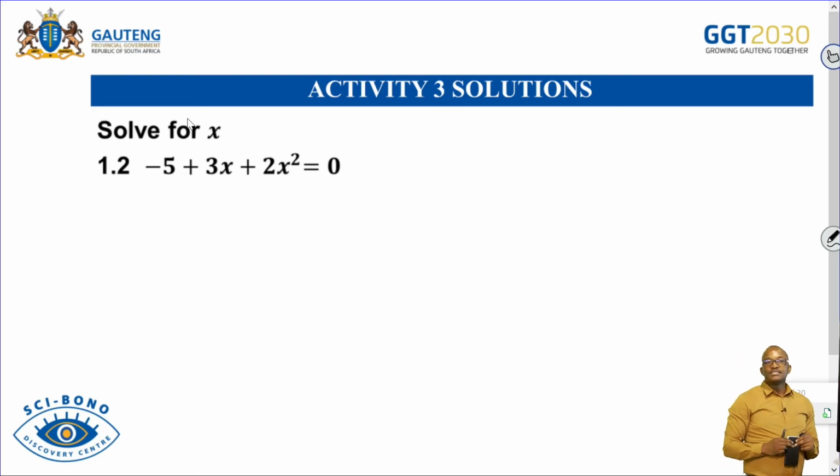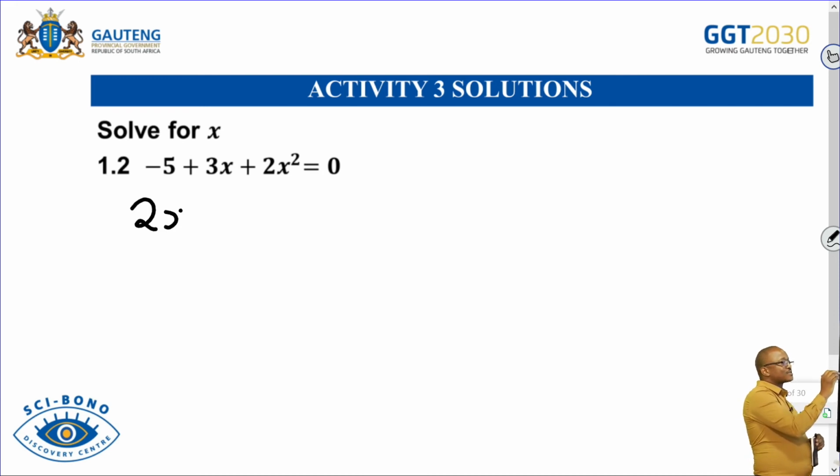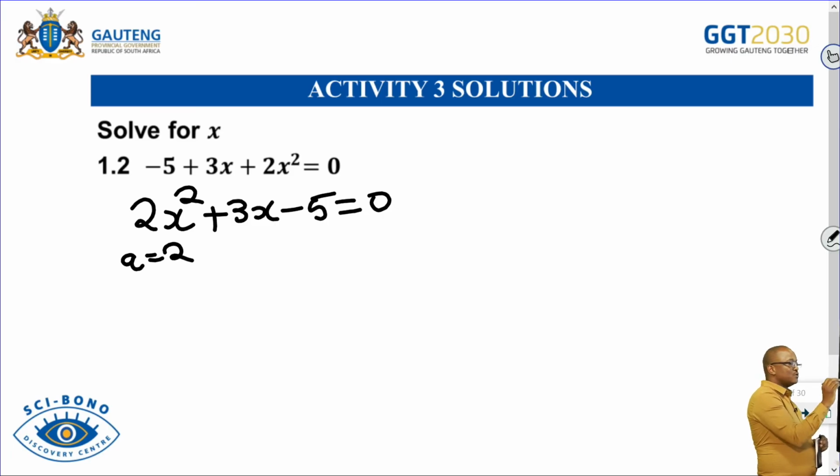The second one, you can see that our equation is not in the standard form. For you to put it in the standard form, you're going to have 2x squared plus 3x minus 5 is equal to 0. Then you know that your a is 2, your b is 3, and your c is -5.